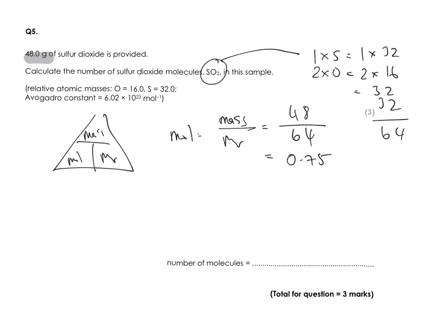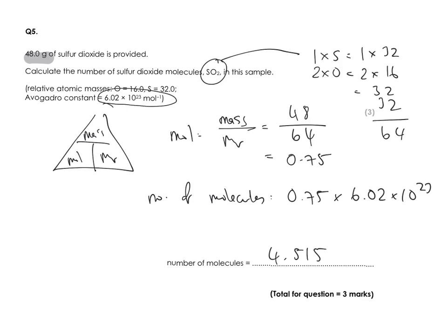And so to work out the number of molecules there, we've got to times that 0.75 by Avogadro's constant, which tells us how many molecules there are in 1 mole. So number of molecules equals 0.75 times 6.02 times 10 to the 23, and that gives me 4.515 times 10 to the 23.